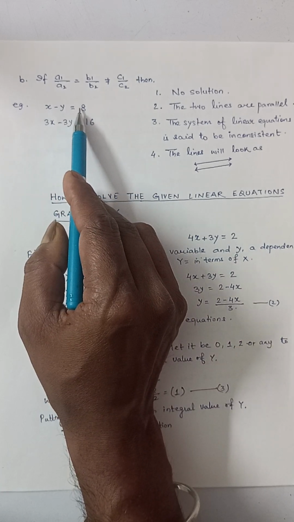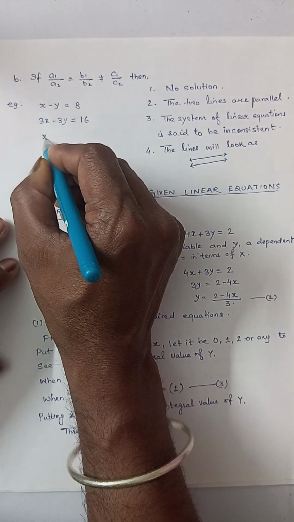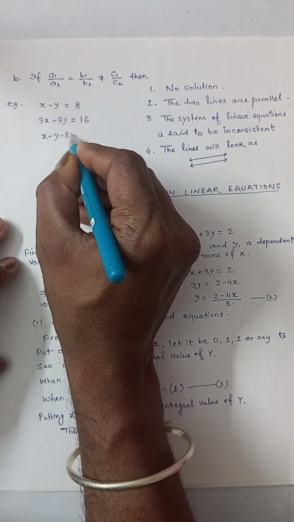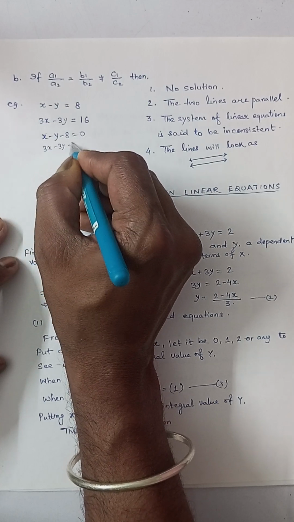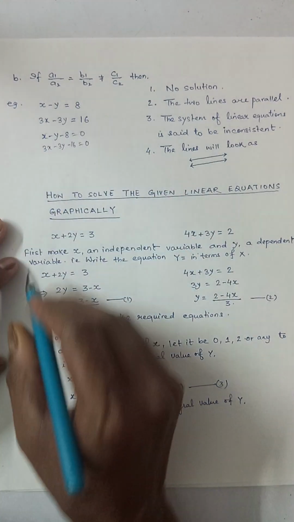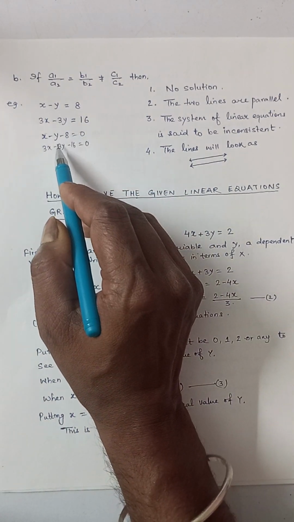Before solving the equation, you can bring 8 to the left side only. So this becomes x minus y minus 8 equals 0, and 3x minus 3y minus 16 equals 0. In all the cases we bring c to the other side, that is, to the left side.